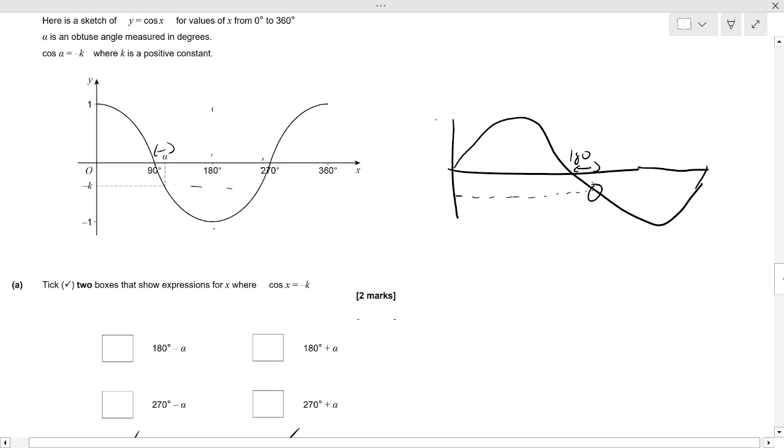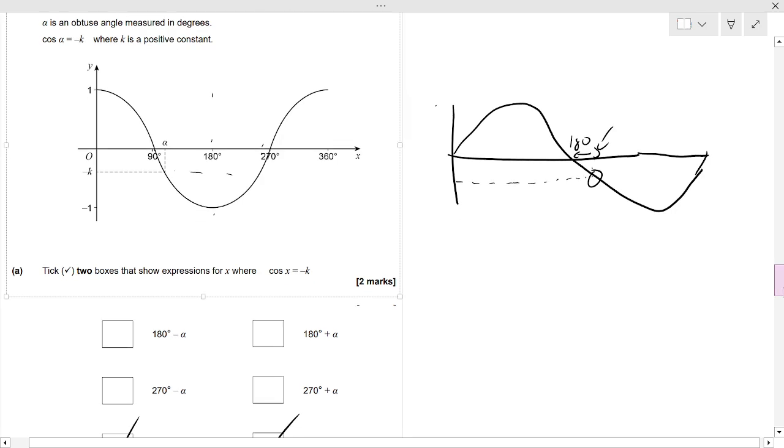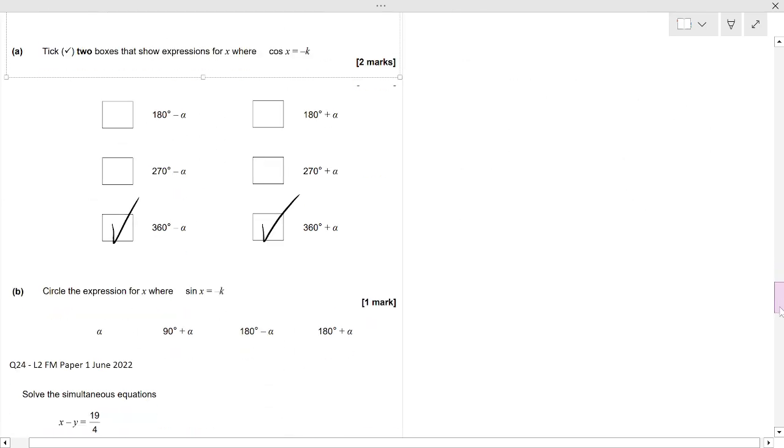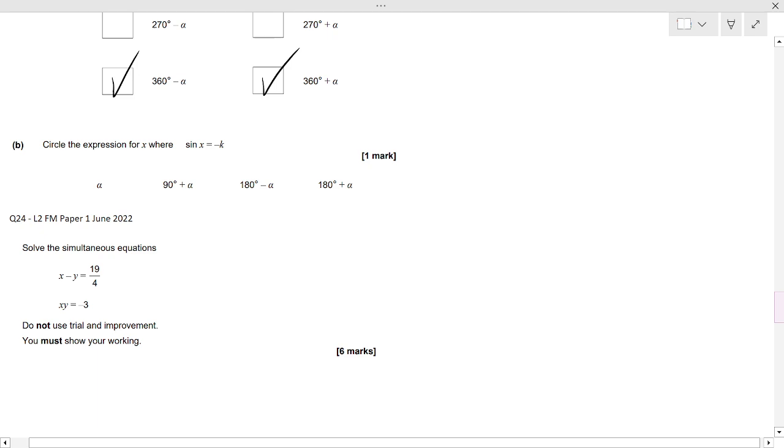But really, all I've done was add 90 to both parts. So 90 will become 180, and then alpha will become 180 add alpha. So to get from 90 to this solution, I need to add 90, right? So the solution is going to be alpha add 90, which is going to be this bit here.